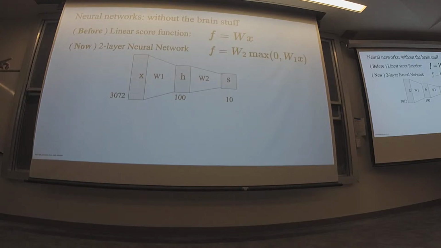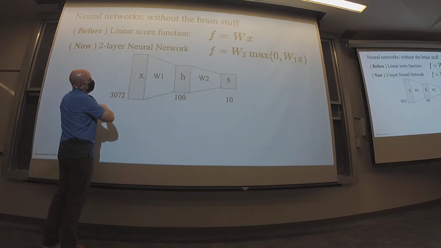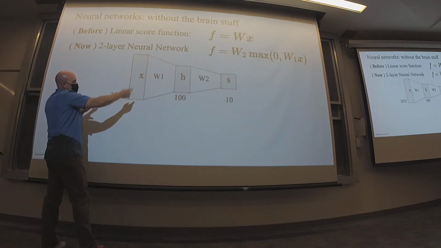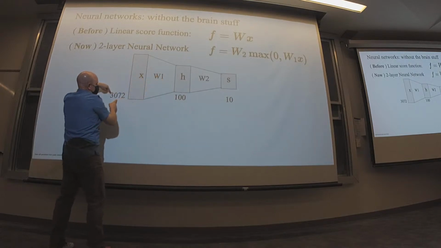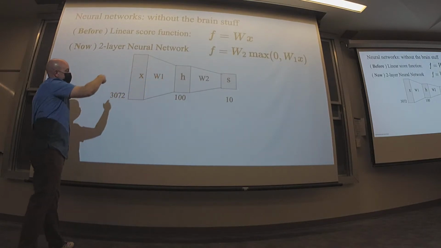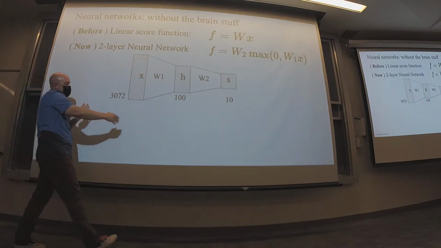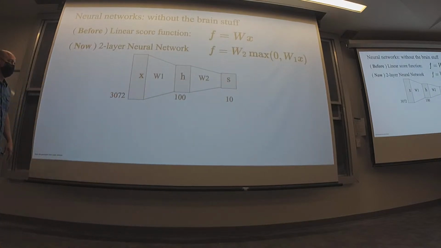Where we do matrix multiplication like that, where X is a column vector. Yeah, 100 by 3072. Because you multiply on the right a column vector of 3072, the number of columns in W1 has to match the dimension of X, which is 3072. And then we have to have 100 rows to get an output vector of dimension 100.